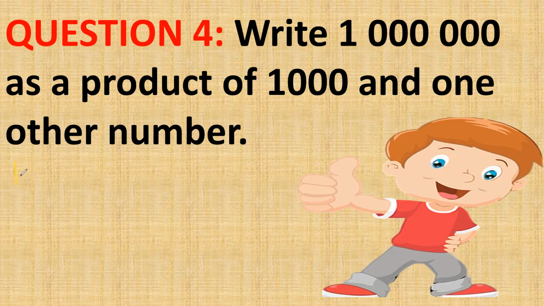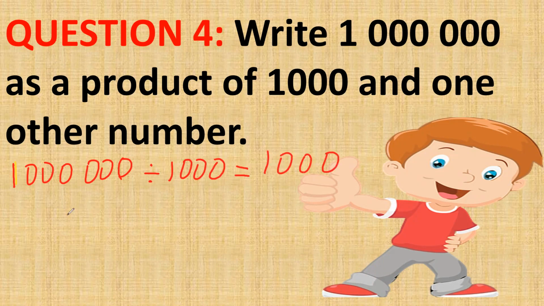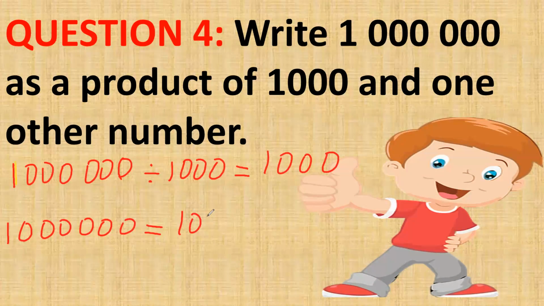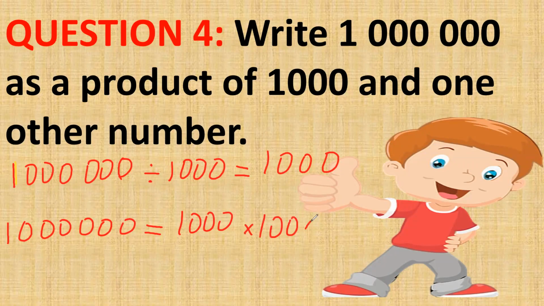So 1 million over 1000, you are getting also 1000, and you can write 1 million equals 1000 times 1000. So this is our answer. So you know already 1000 times 1000, we are getting 1 million.